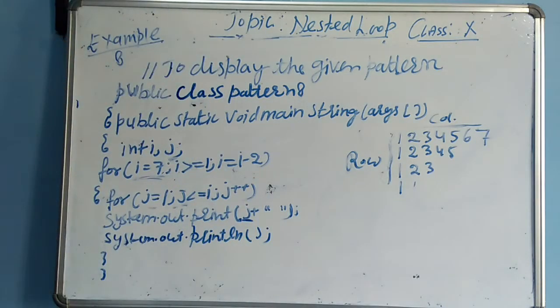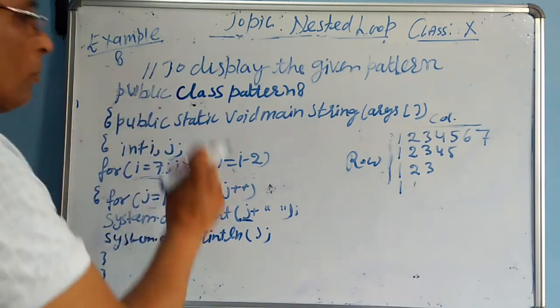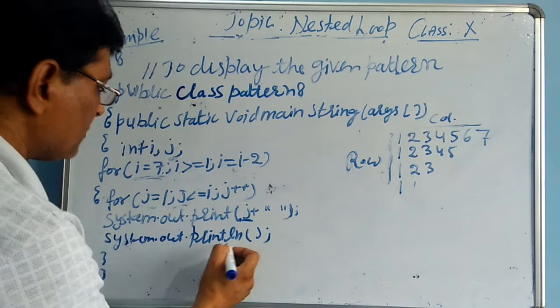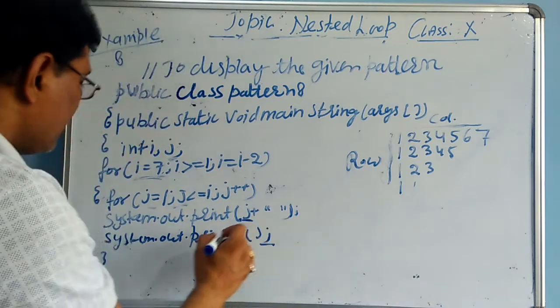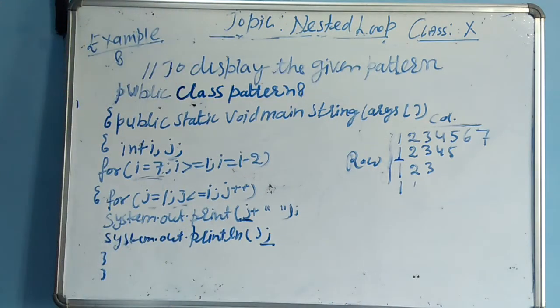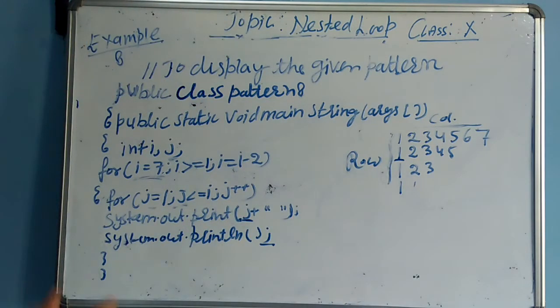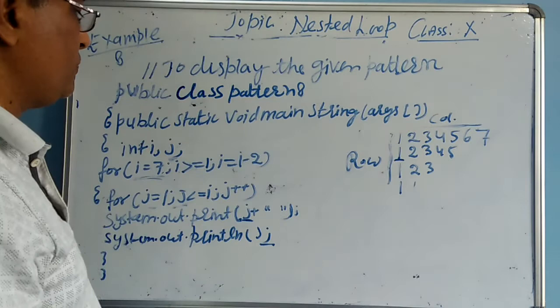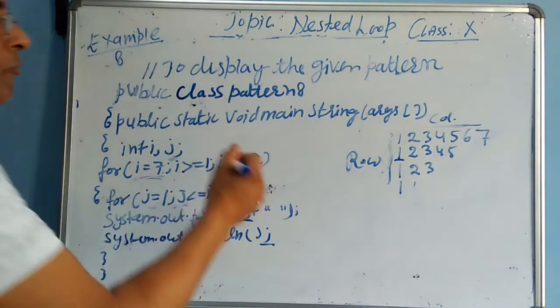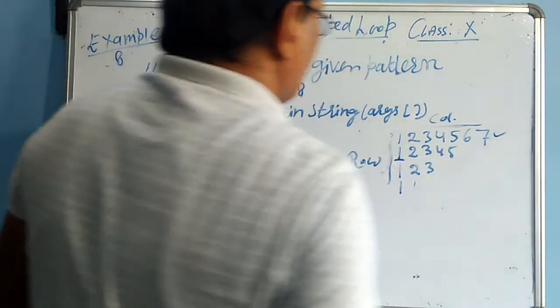After the inner loop finishes, it will come back to the outer loop and change to the next row, and the printing will come in the next row. So the first row is complete.